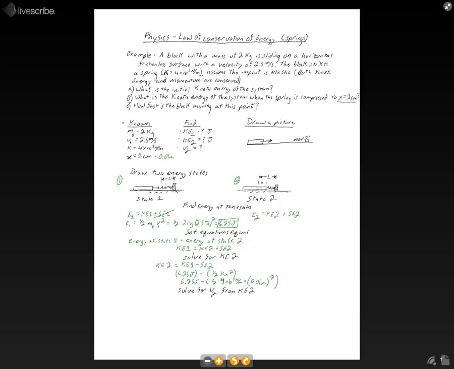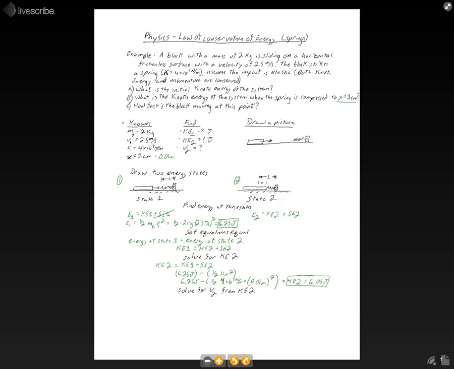And when you solve for this, you find that KE2 is going to be 6.05 joules.